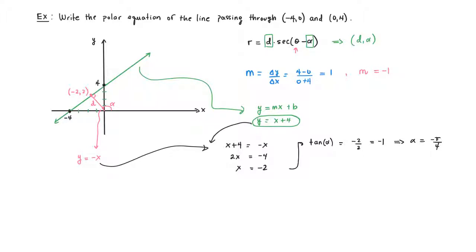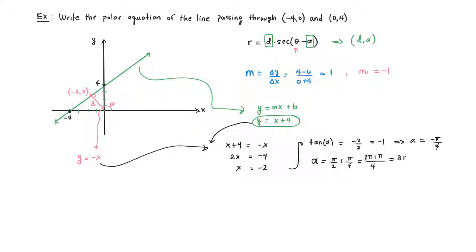So then my true alpha will be π/2 plus π/4. So then that's going to be common denominator 4. So that's going to be 2π over here plus π.